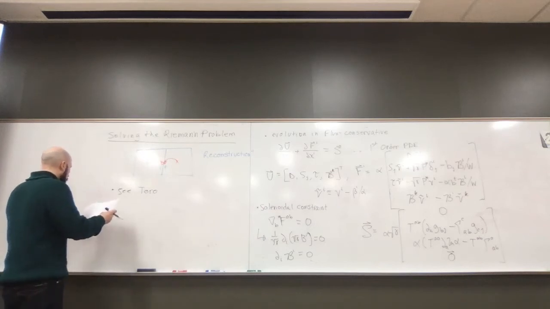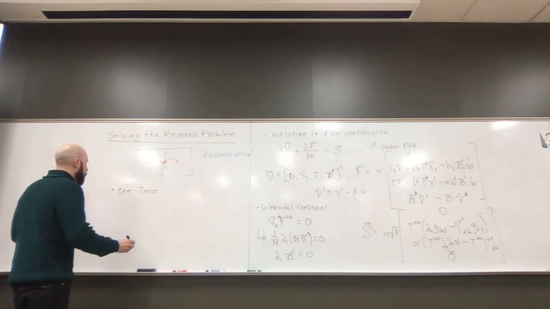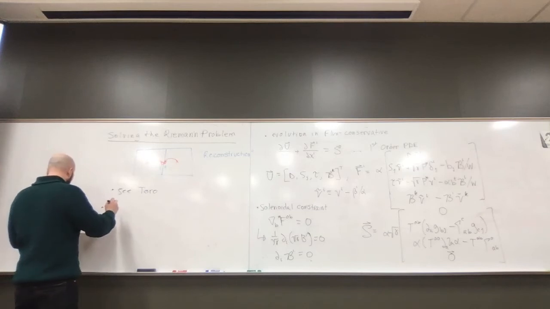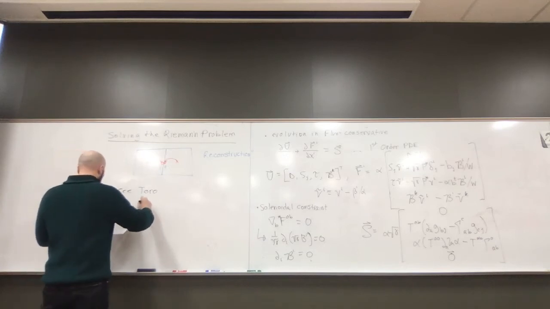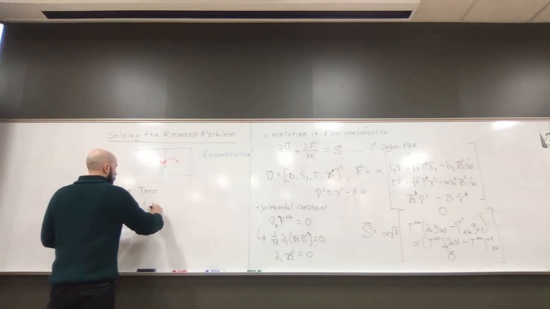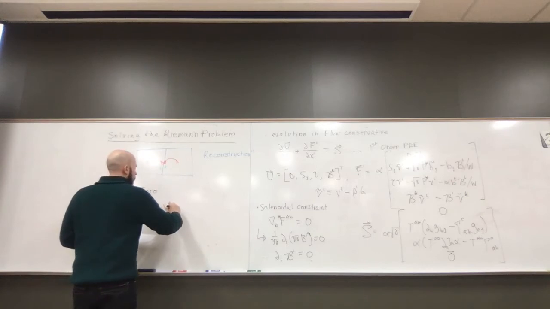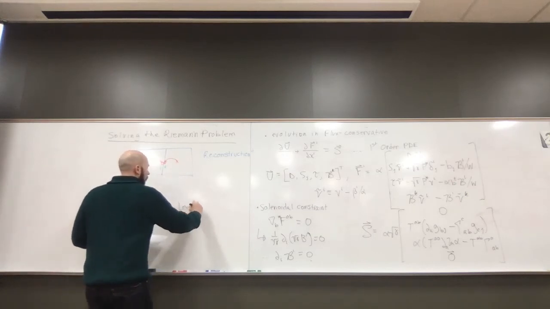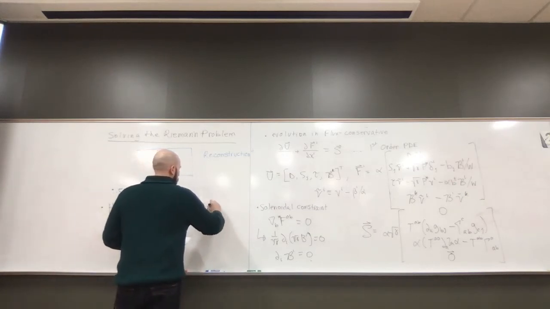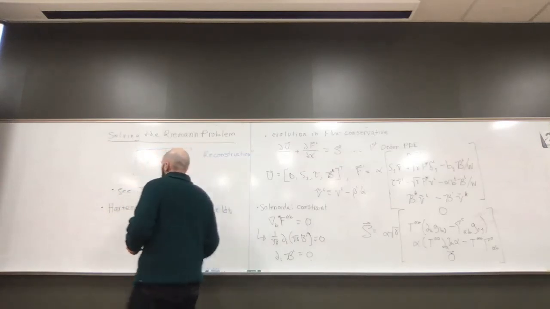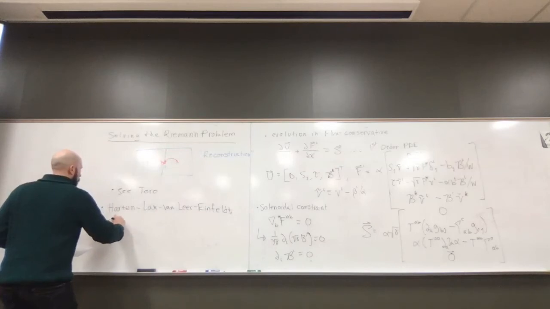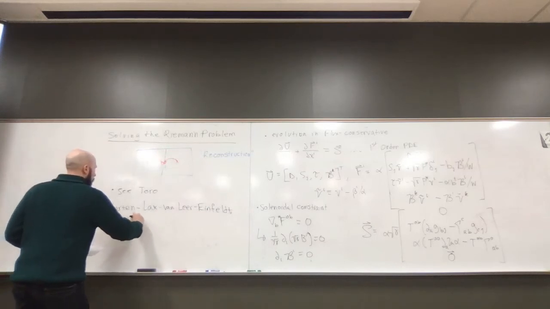So the one that we're going to talk most about today, and it's probably the most simple, accurate, approximate Riemann solver, is the Harten, Lax, van Leer, Einfeldt version. This is universally simply referred to as HLLE.